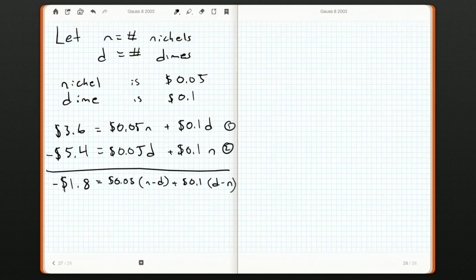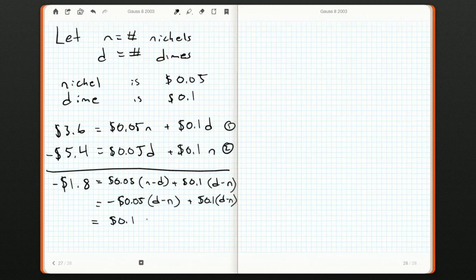What can we do? Well, nickels minus dimes is just dimes minus nickels times negative 1. And now both of these have a common factor of dimes minus nickels.